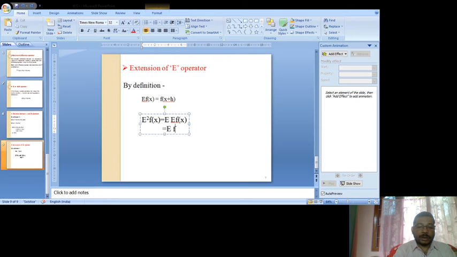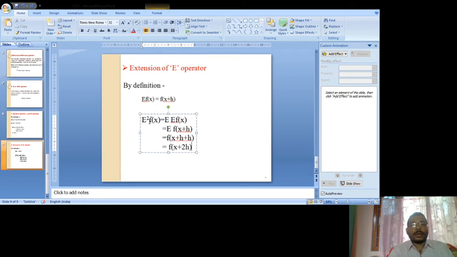E f of x means f of x plus h. Now, in place of x, we have to write x plus h. So E f of x plus h is equal to f of x plus twice h.